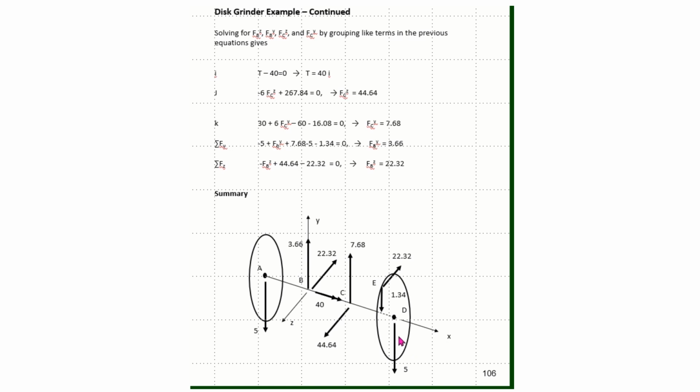Now what I'm ready to do is come and draw a shear moment diagram for the XY plane and also a shear moment diagram for the XZ plane, and then determine where the moment is most critical. So doing that, looking at the XY plane, I will have 5 coming down, 3.6 going up, 7.68 going up, 5 coming down over here, and then I can take this point E and transfer it down here to the shaft.